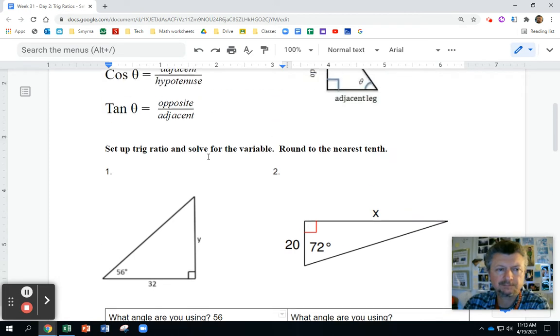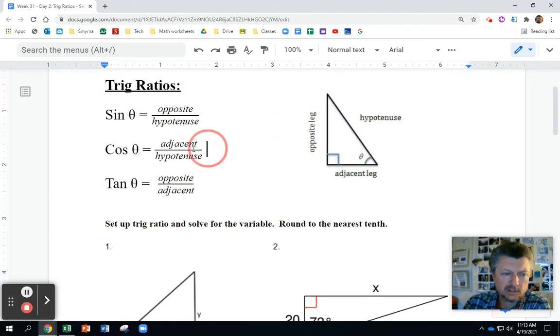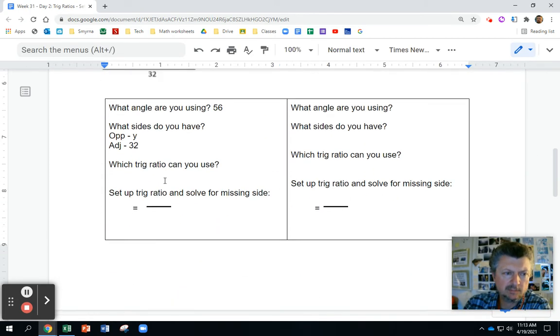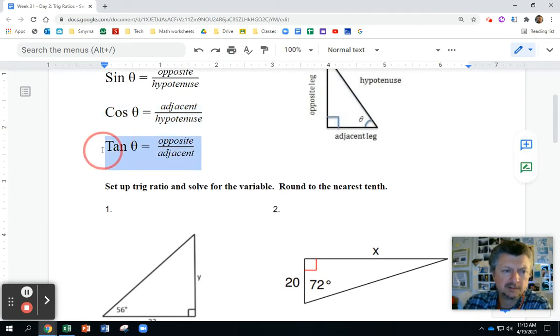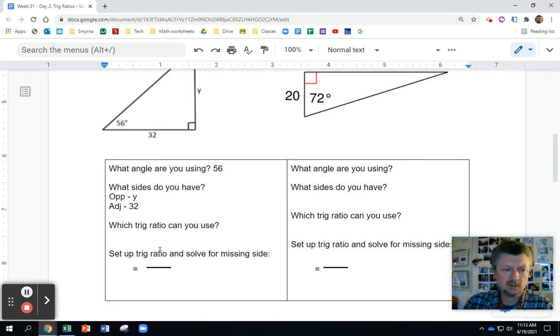Okay, so we look up here. Here's adjacent and hypotenuse. Is that what we're using? No. Opposite and adjacent, that's tangent. So we're going to use tangent. All right, so when you set it up, you put tan, and then you put the angle, whatever the angle measurement is.